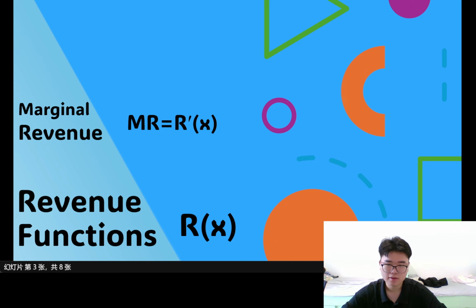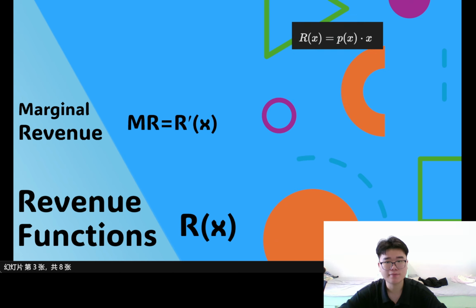In an easy case, if the price per unit of the product is fixed, then the revenue function can be expressed as this one: R(x) equals P(x) times x. P(x) is the unit price, it's a function, and x is sales volume.